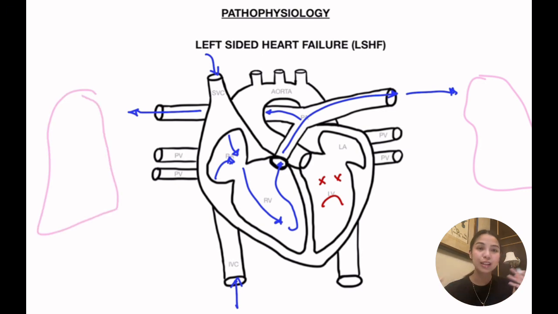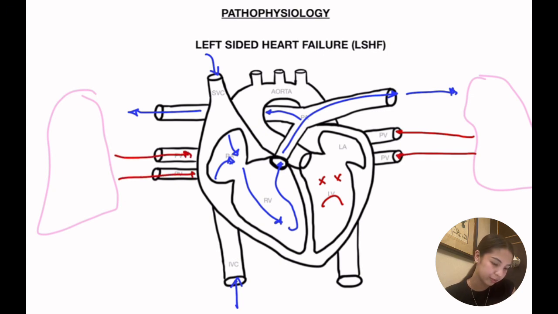And then the blood gets oxygenated. Once it leaves the lungs, it's brought back to the pulmonary veins, into the left atrium, and then it goes to the left ventricle. But your left ventricle, supposedly it pumps blood to the aorta, right?